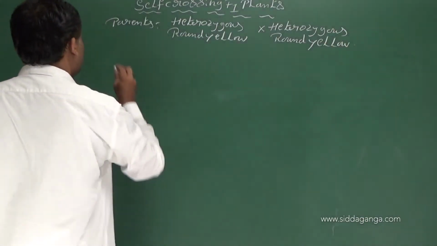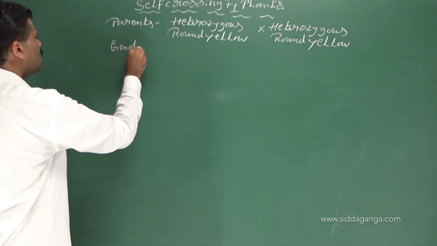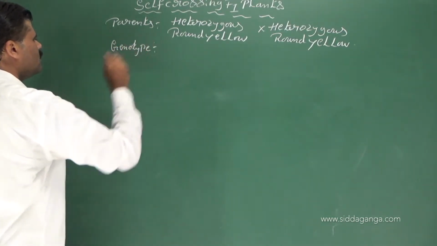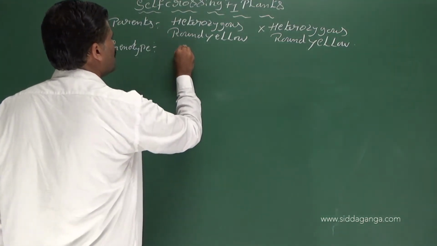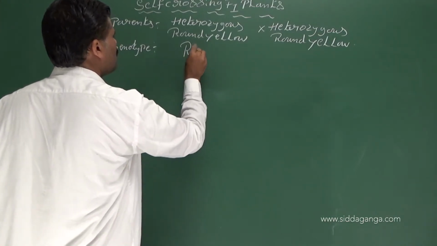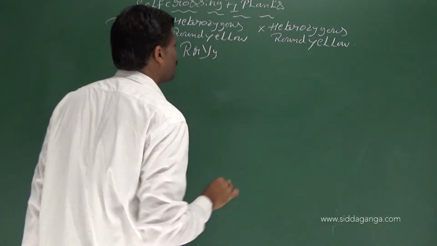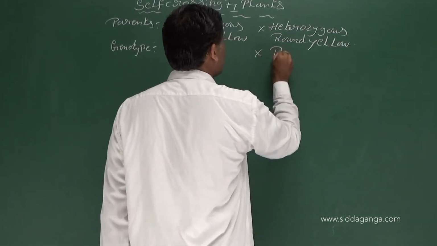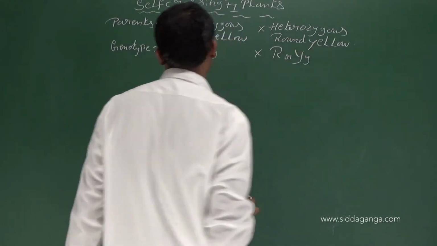What is the genotype? Genotype is capital R, small r, capital Y, small y, right? Crossed with capital R, small r, capital Y, small y.